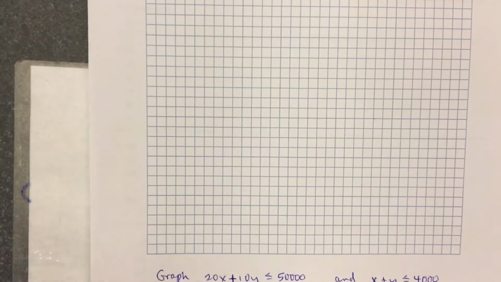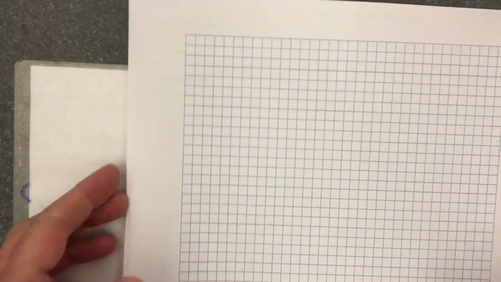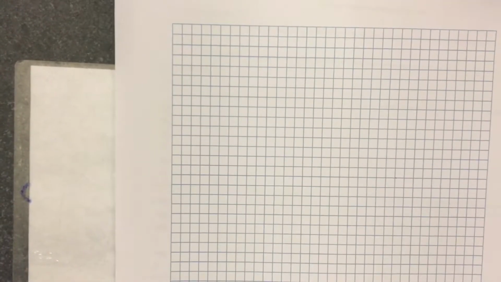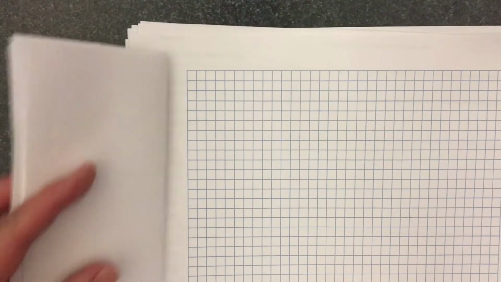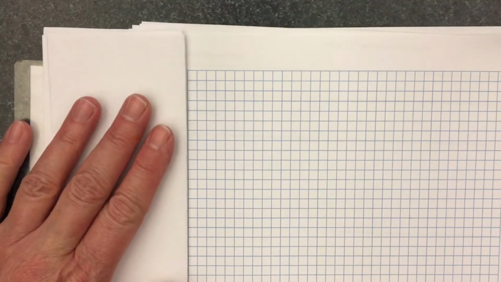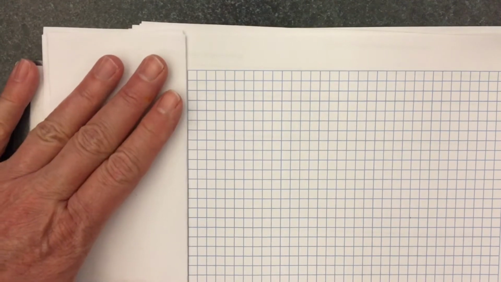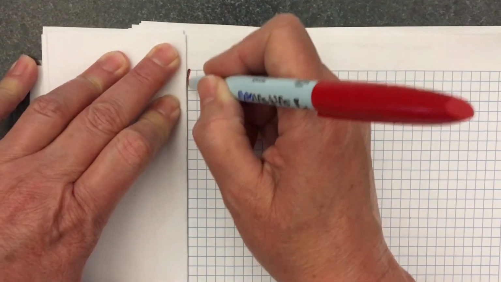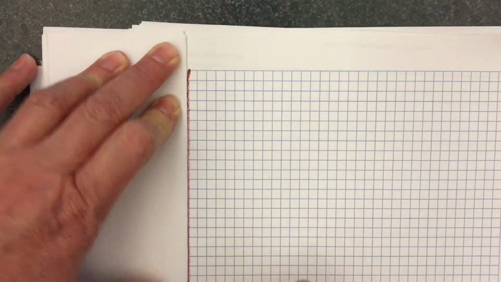I'm going to use this Sharpie for the X and Y axis. Last time I did this, I never would have thought of this. I learned it from a student last semester. I could put the X and Y axis right on the edge. I'm only using the first quadrant.